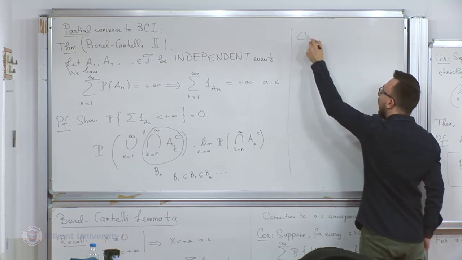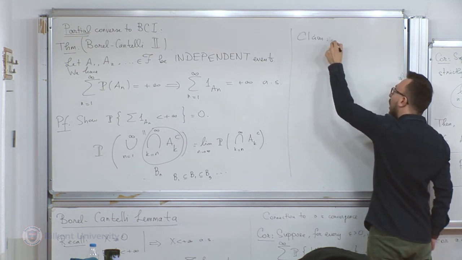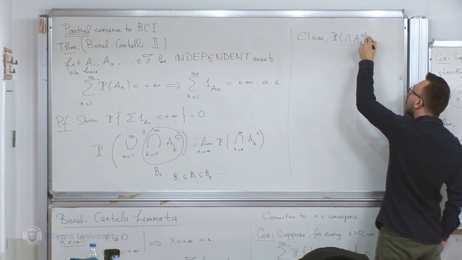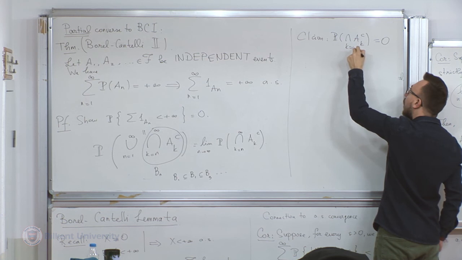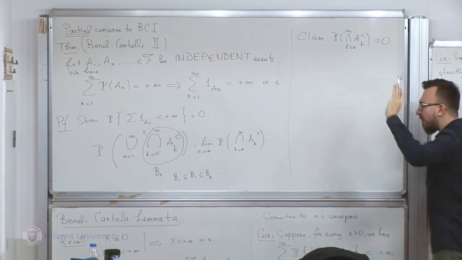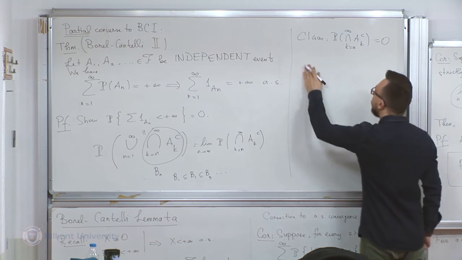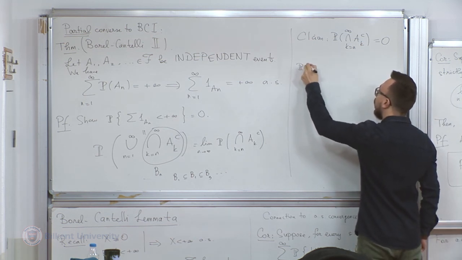What we're going to claim is that the probability of this intersection is always 0, for every n. So limit of zeros is 0. Okay? Every term is going to be 0. Okay? So let's calculate this.